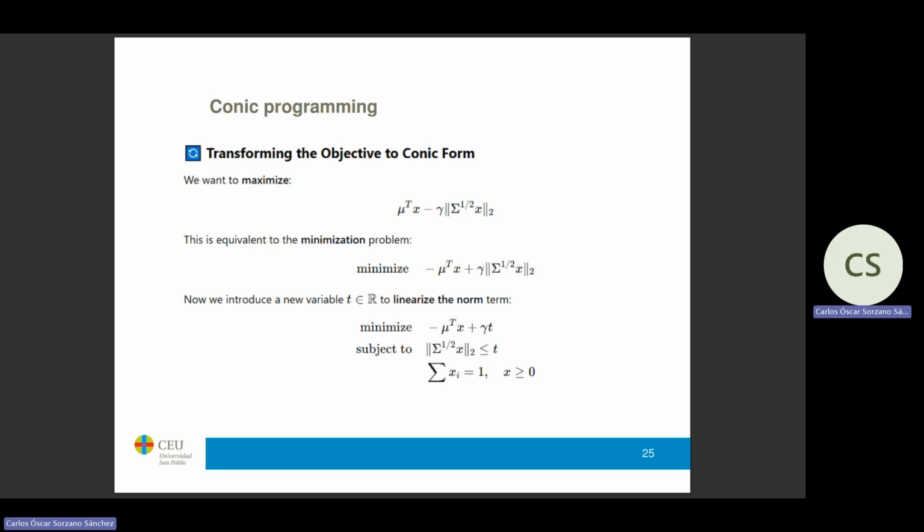Because you want to transform this term into something linear, then you can use this trick, right? So I will say this has to be smaller than t, and then I want to minimize this thing. But why would you want it to be smaller? Because if I want to minimize something that depends on the norm, I want the norm to be as small as possible, right? So you see that this trick of introducing auxiliary variables is very helpful.